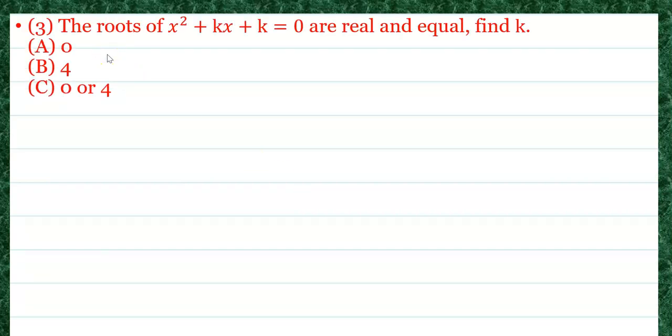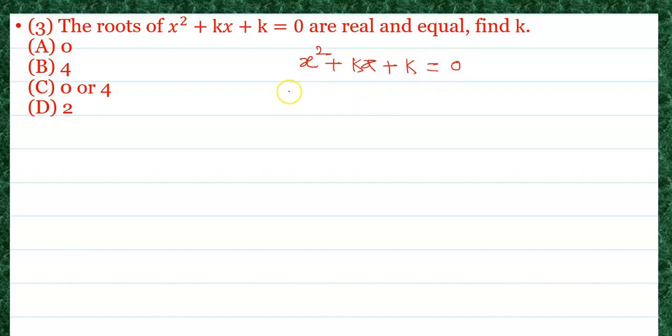the roots of x square plus kx plus k is equal to 0 are real and equal. Then find the value of k. Now see here: x square plus kx plus k is equal to 0.